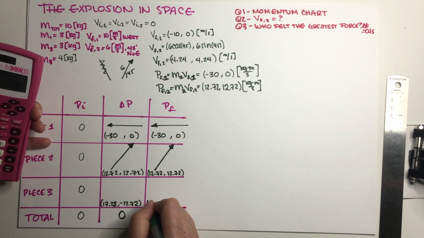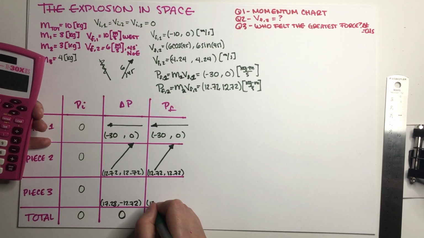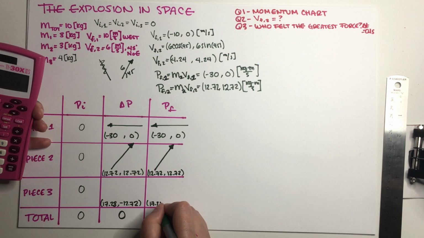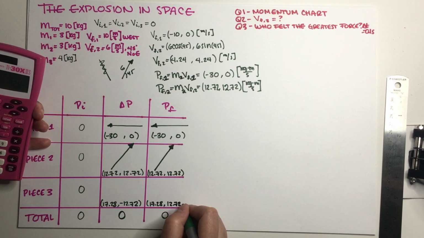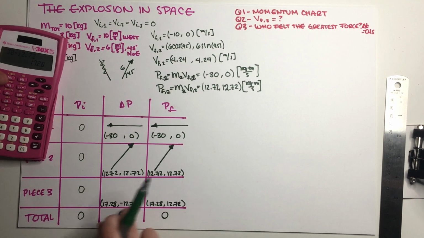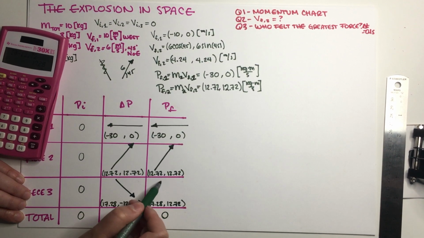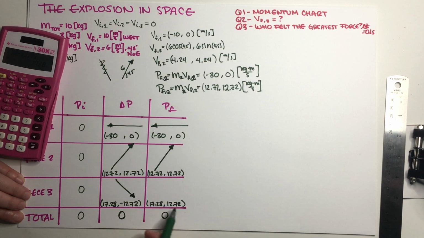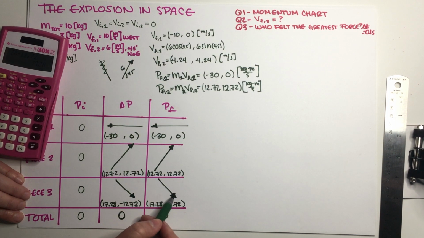There we go. And then over here, we're just going to have the exact same situation. There we go. And this is a little bit to the east and a little bit down. So this is just going to be an arrow, a little bit east and a little bit down. Yeah, negative. So this is just going to be this.